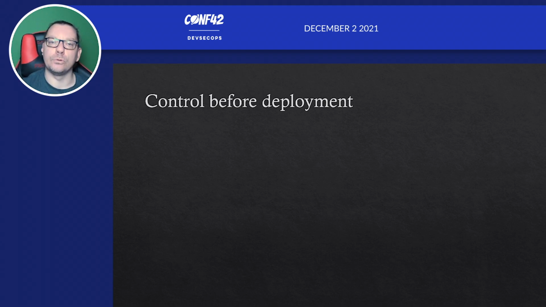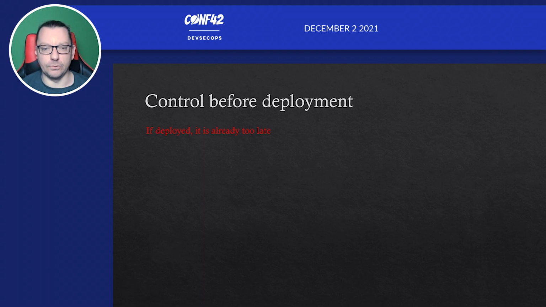Would you like to create a bank account in a bank which has had exposure of dev and QA environments recently? Because I would not. So if the template is deployed, it is already too late.